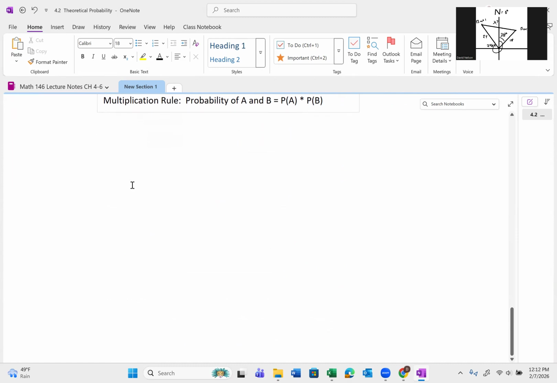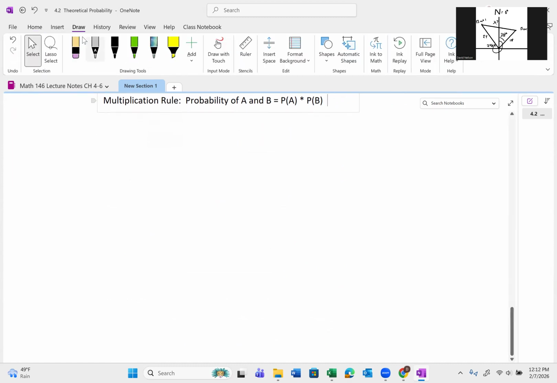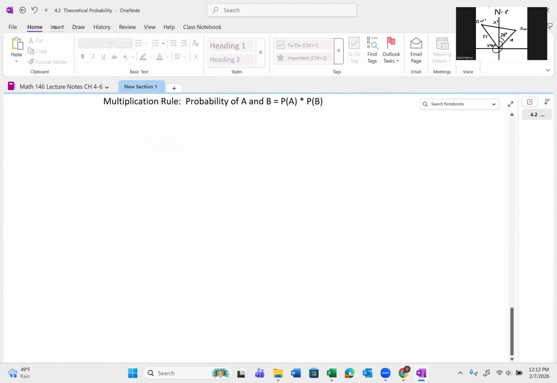So what if I draw two things from the bag, two tiles? Let me type it because that looks prettier.